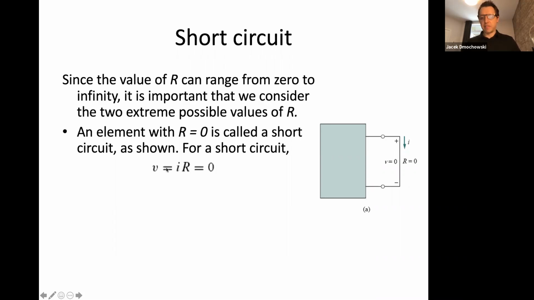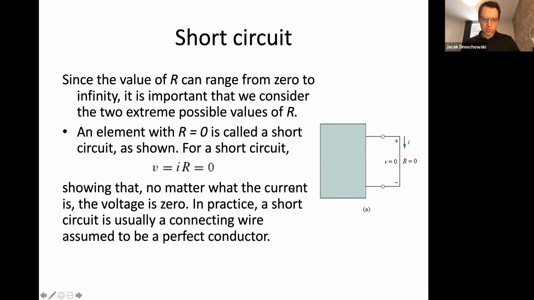They do have a very small resistance, but we just neglect it in our calculations. So a short circuit is a connection between 2 points that are sitting at the same voltage. In other words, this point and this point are at the same voltage. There's no drop from here to here. No matter what the current is, the voltage is 0 because the resistance is 0.